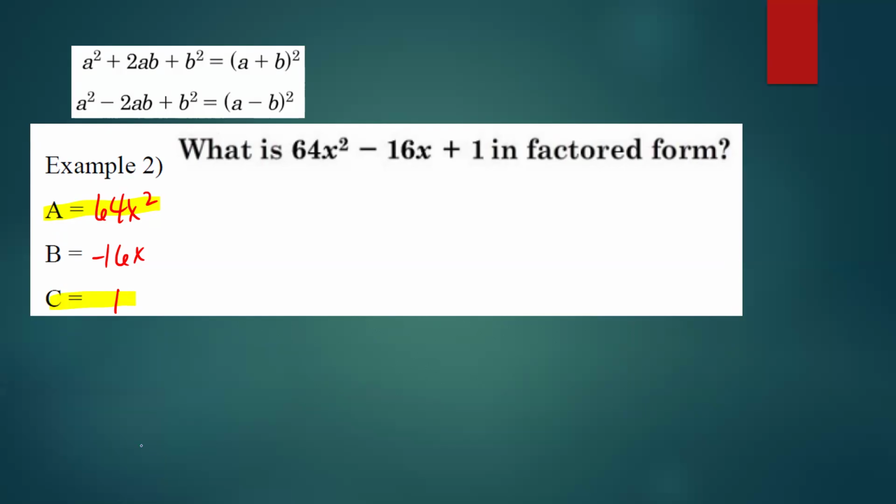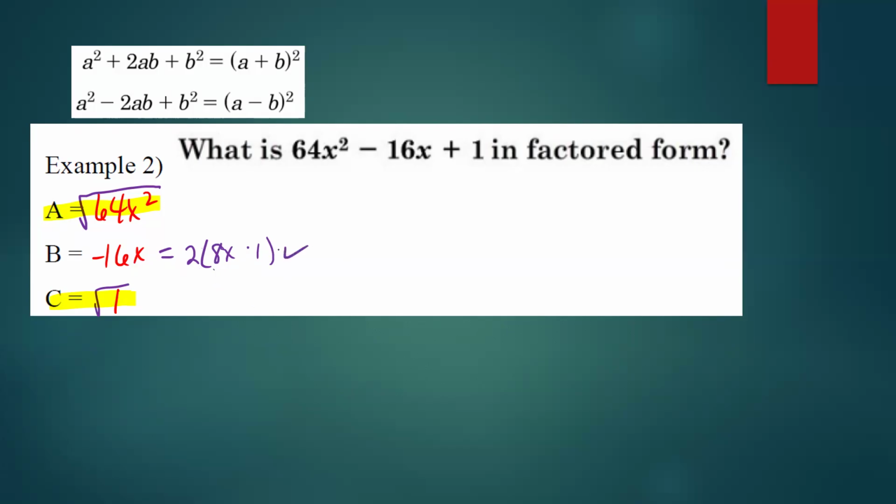Because they are perfect squares, I can say, okay, let me check its square root rule. So I need to know if this equals double the product of these two, right? So let's see. The square root of 64x squared is what? 8x. Obviously, the square root of 1 is 1. Does 2 times 8x equal 16x? The answer is yes, it does.